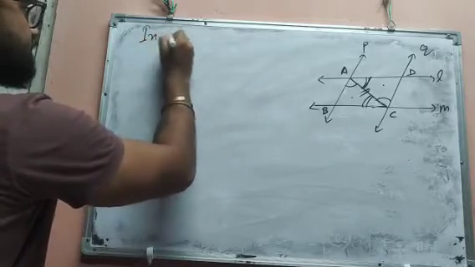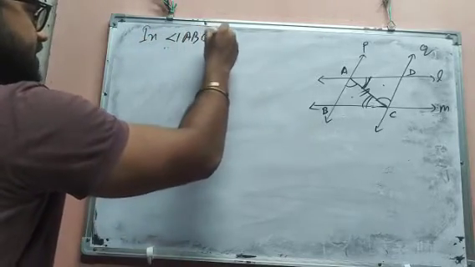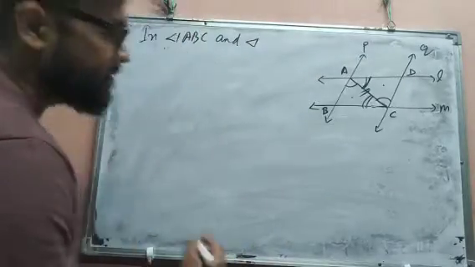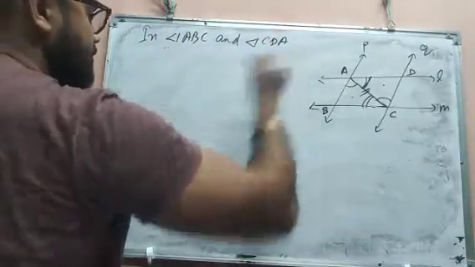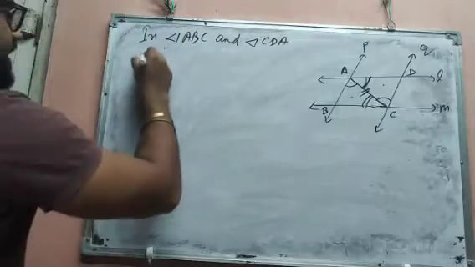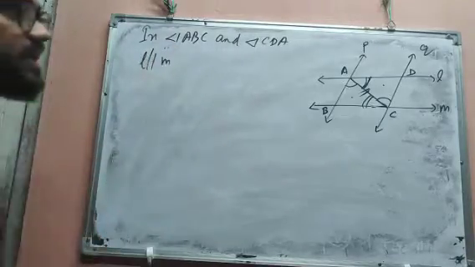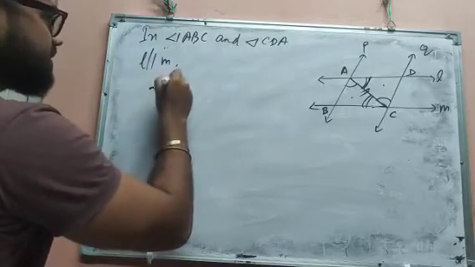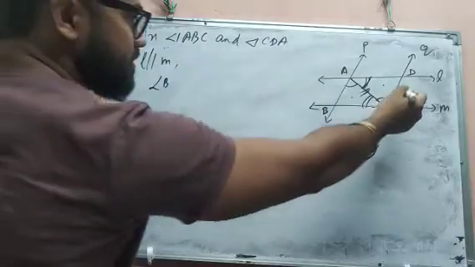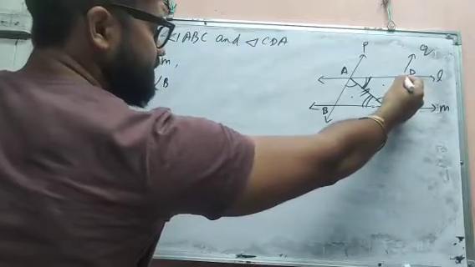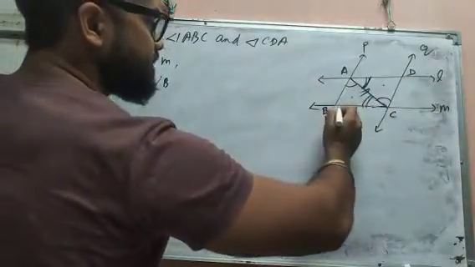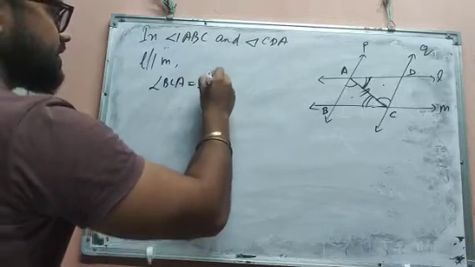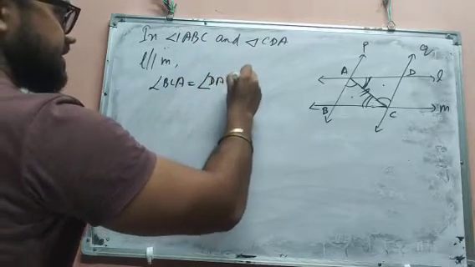In triangle ABC and triangle CDA. Okay, first one, L is parallel to M. As L is parallel to M, angle BCA is equal to angle DAC.